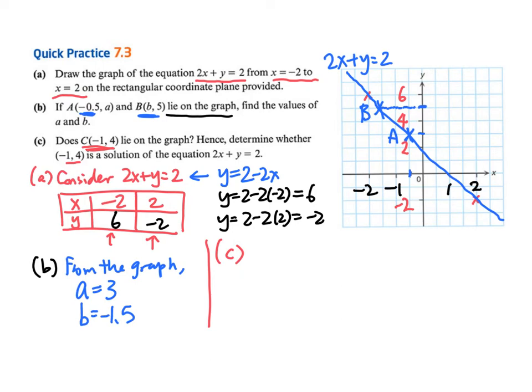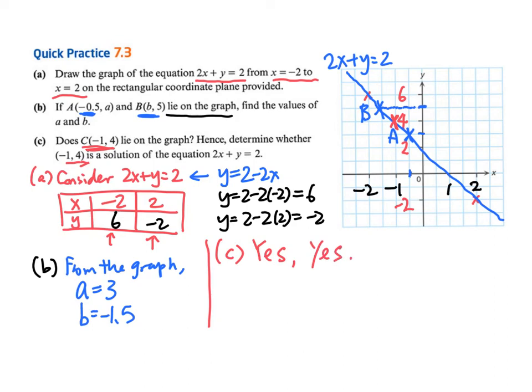But since you already drew the graph, you can use the graphical method. So negative 1, 4 is somewhere here. Very obviously it is on the straight line, so the answer is yes. Since it lies on the straight line, is it a solution? Of course, yes.